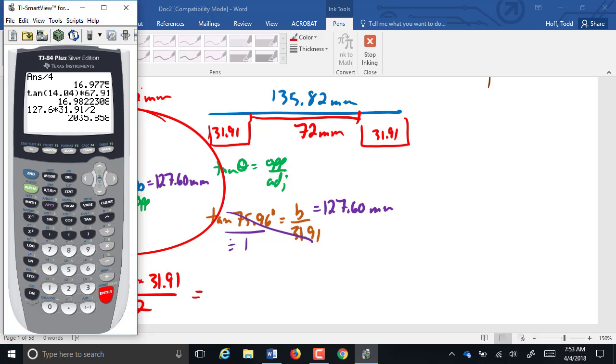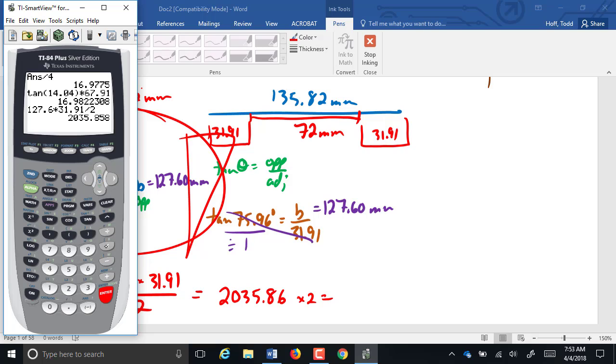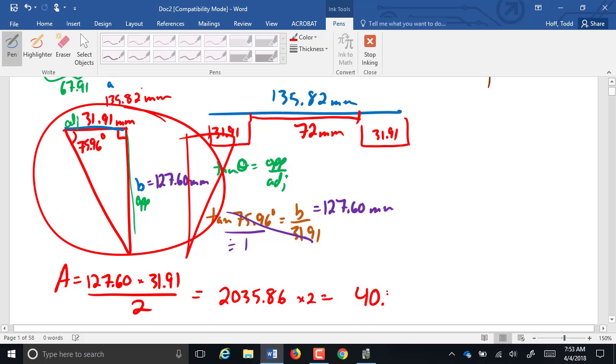That gives us that area of 2035.86. There are 2 of those triangles. There's one on the other side that's the mirror image, so I'm going to multiply by 2, giving us 4071.72 millimeters squared. So that's for those 2 triangles.